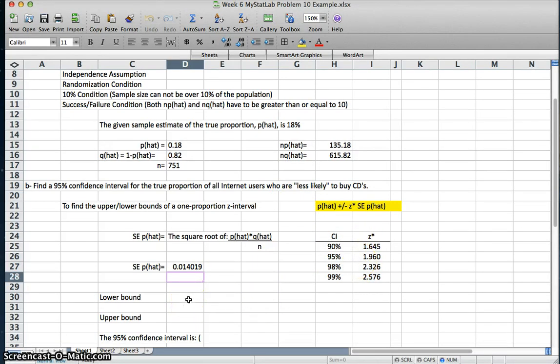So for our lower bound, we're going to say equals, using our formula here, p hat minus our z-score times our standard error, enter, and there is our lower boundary at 0.153.